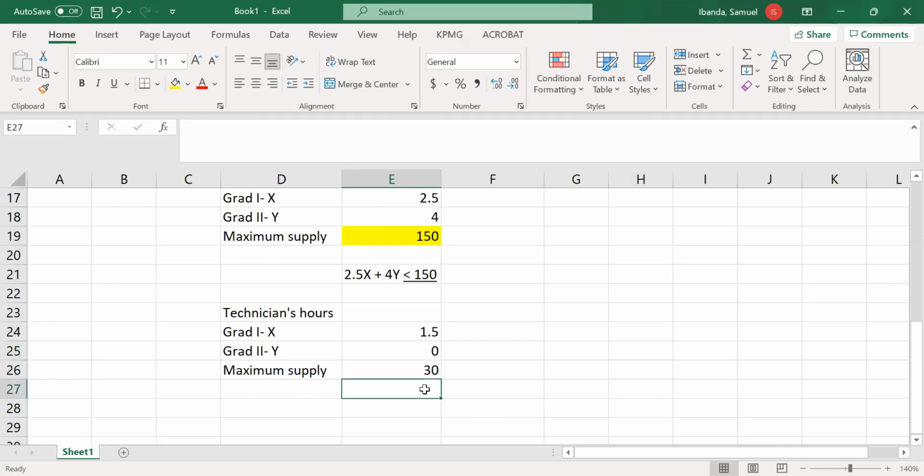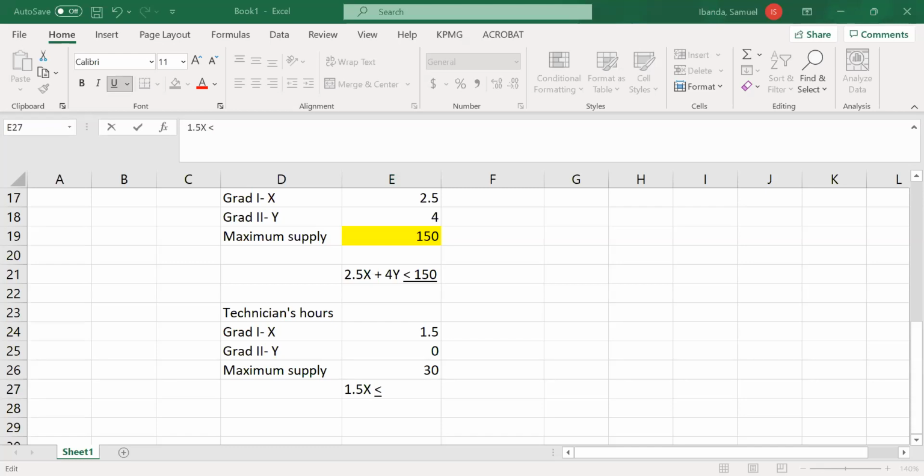So our function is going to be 1.5x, of course, plus 0, which gives you 0, should be less or equal to 30.